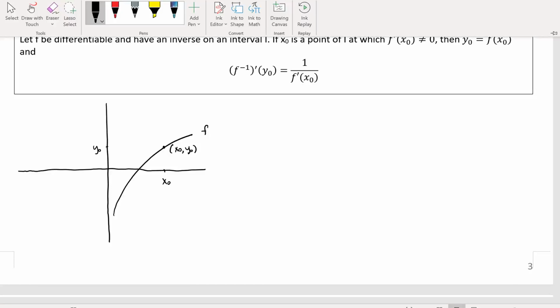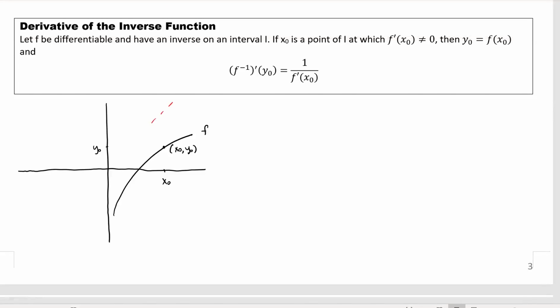So what is the inverse function? In order to draw the inverse function, we have the line y equals x, and we flip it over. So this point corresponds to this point, and this point corresponds to this point. It looks like that.